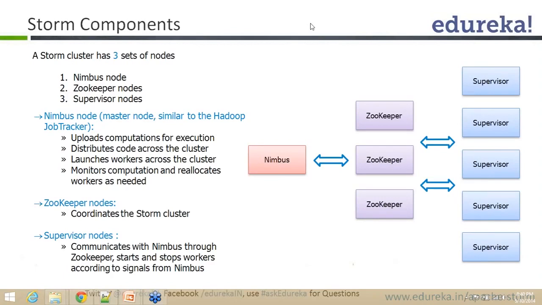But right now you can just think that on the left-hand most side you are seeing a component called Nimbus. Nimbus is just the master of your entire system. Those people who are coming from a Hadoop background would be aware there was something called job tracker or name node. It's something parallel to it.